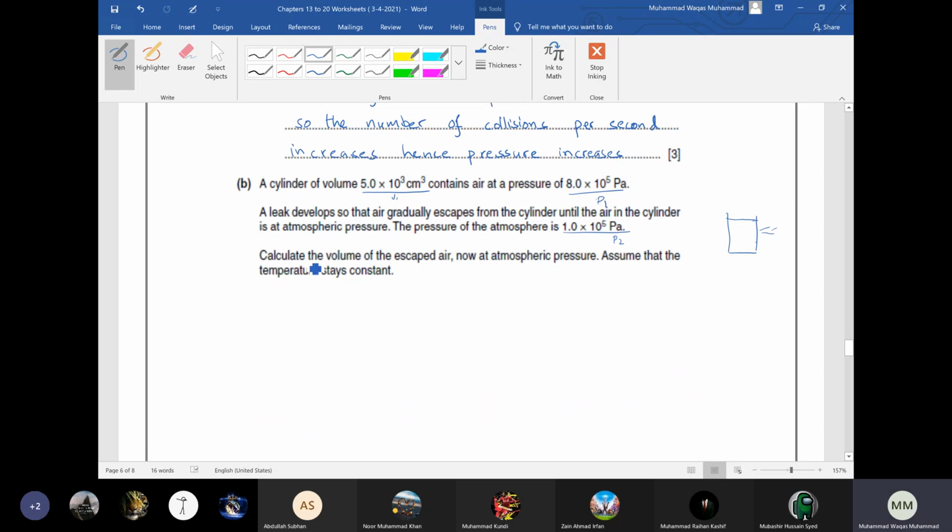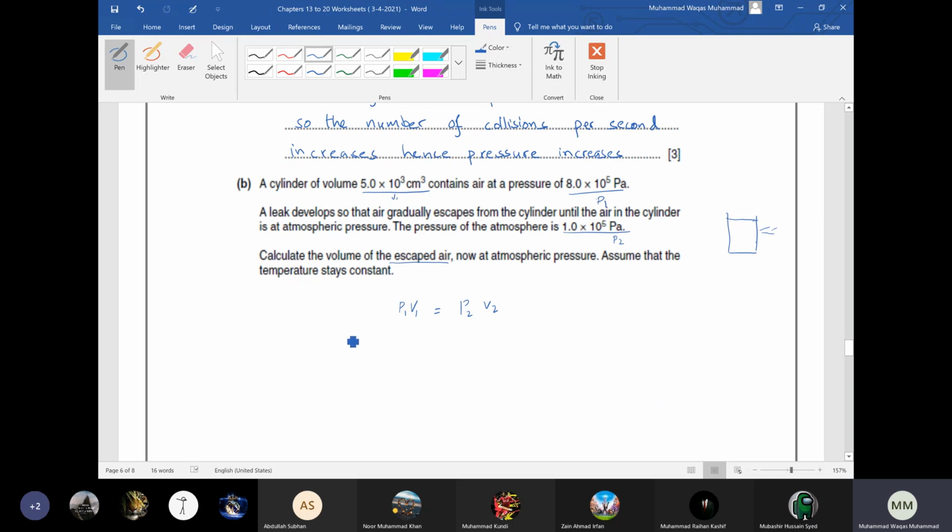And, beta, see, we have to calculate the volume of the escaped air. Now, beta, we use this P1 V1 equals P2 V2, right? When the volume of the air is 5.0 times 10 to the 3 cubic centimeter, its pressure is 8.0 times 10 to the power 5 Pascal.